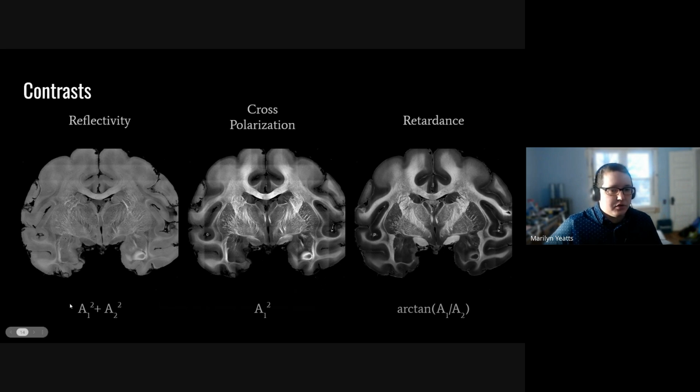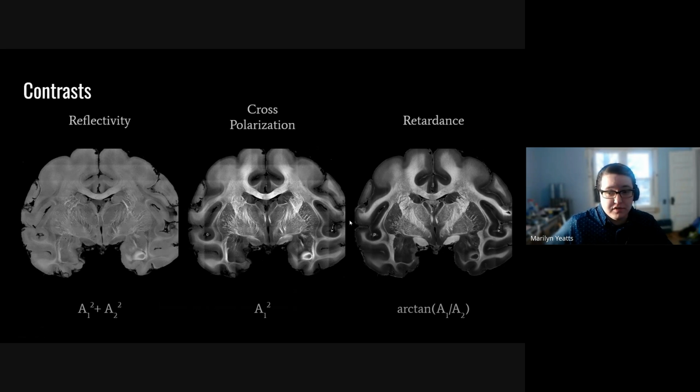It's very good for determining what is tissue, what is background, where are your ventricles, and any other issues that you might have had with your imaging that might show up a little bit funny on one of your other orientations. The cross-polarization and the retardance are both measures of that birefringence that I was just talking about, which, as I mentioned, is a great way to highlight white matter.